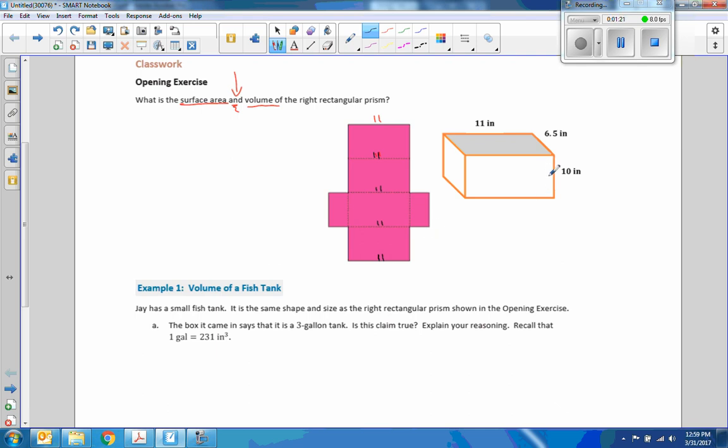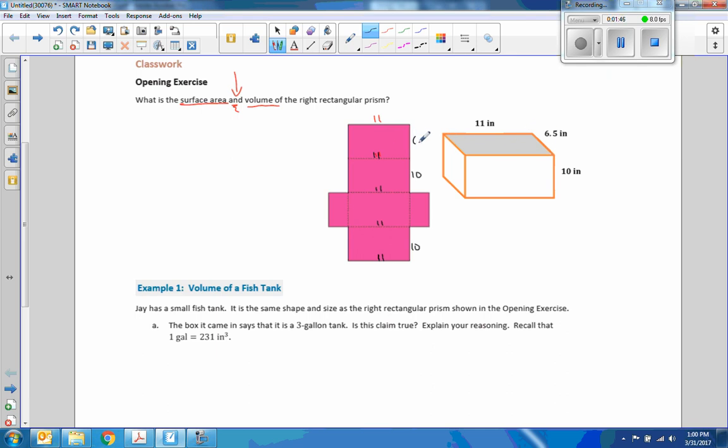The height is 10. So the height is this piece here. That's the front, and the back is here. So that's 10. So we know the length and the width of the face is 11 by 10. The height of this gray piece, the length is 11, but it's only 6.5 inches, and that's my top.